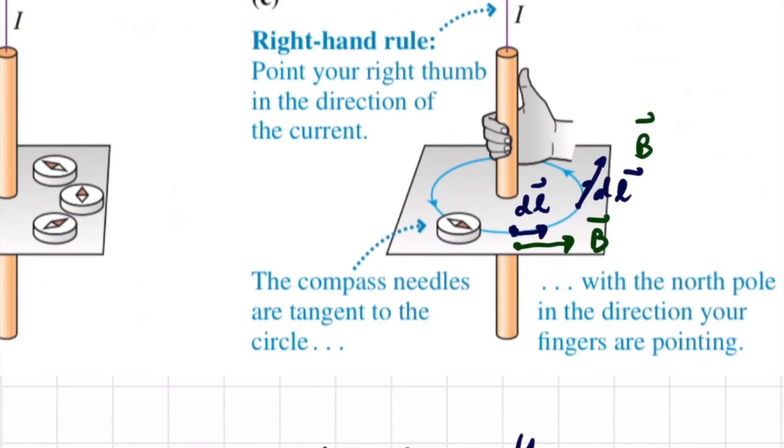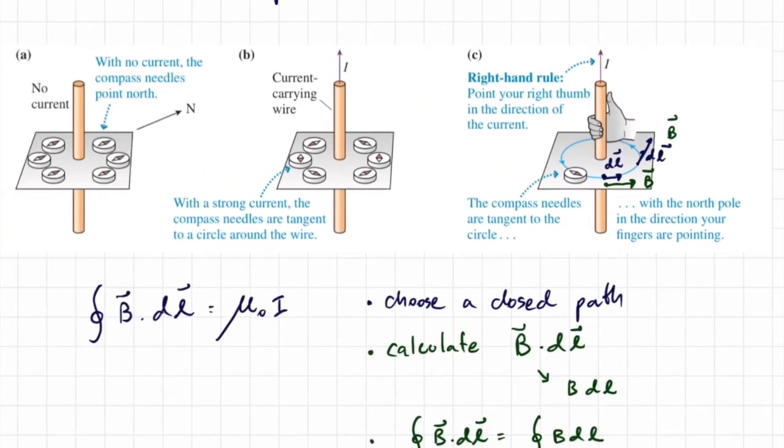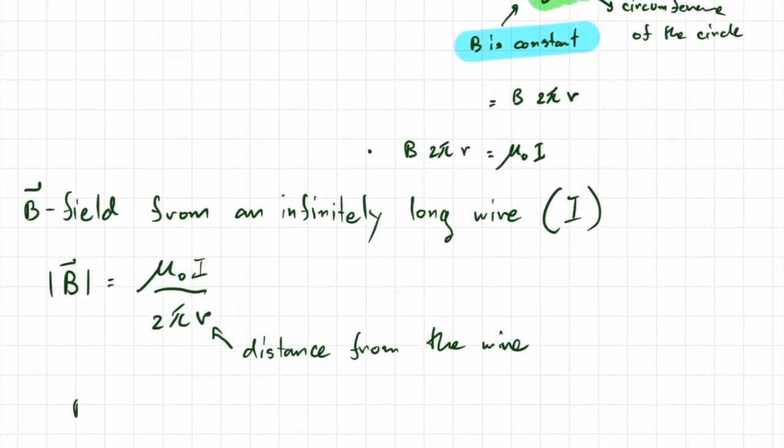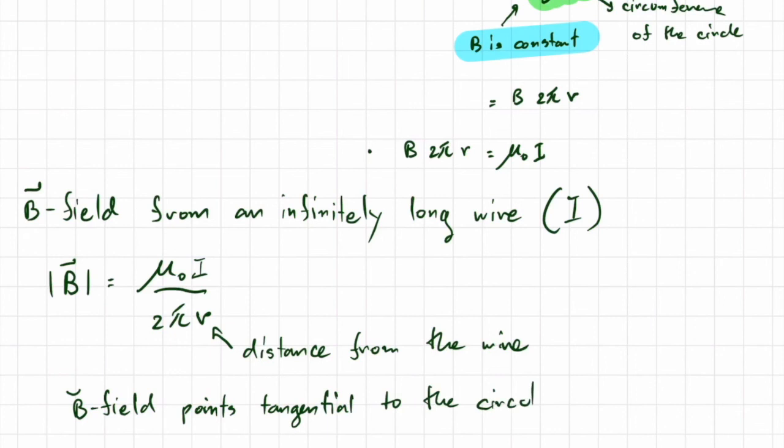Okay, so it depends on where you are on the circle. The magnetic field, so the B field, points tangential to the circular path around the wire.